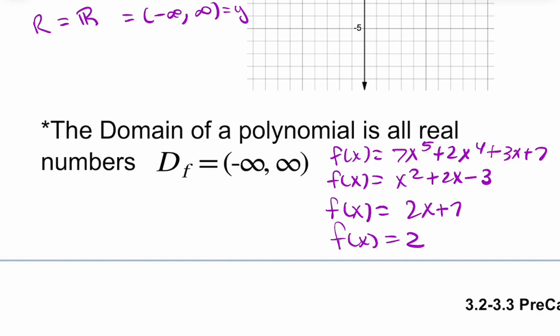But think, what am I not going to be able to plug in? Well, I can plug in whatever I want. And so that's the beauty of a polynomial, a linear function, all of those types of functions. You are going to be able to plug in whatever you want for the domain.